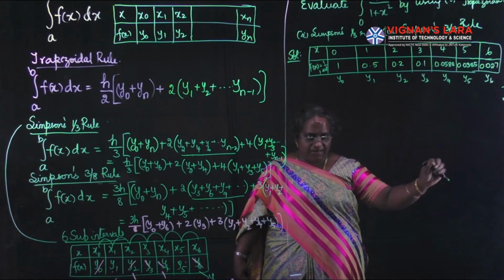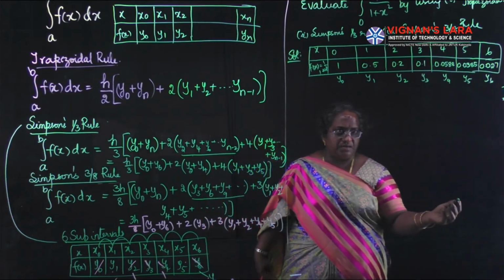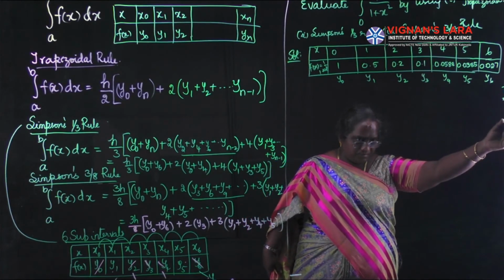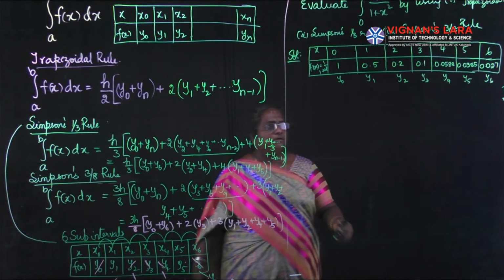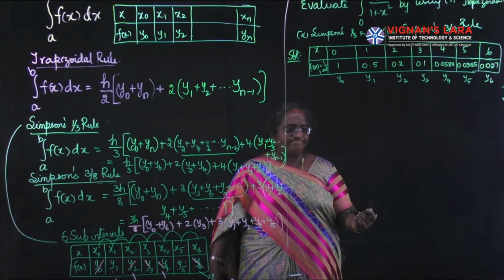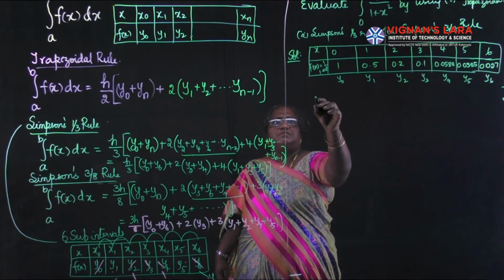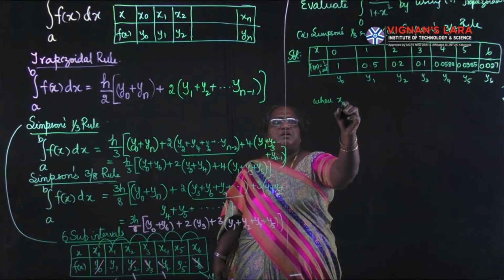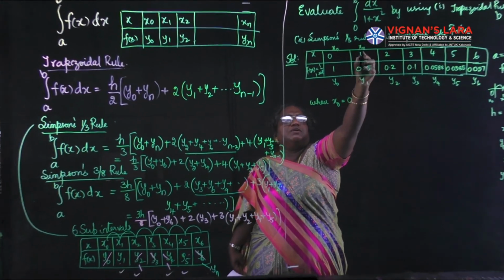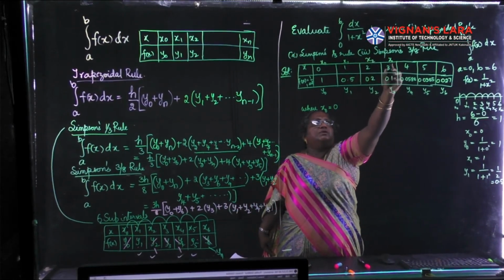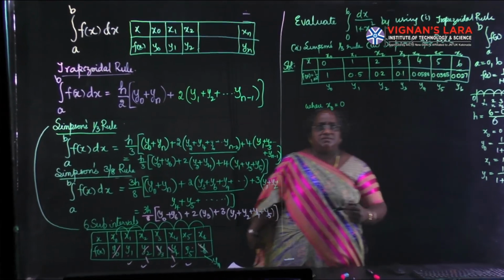So how do we evaluate these values? See the values here. This is x0, this is x1, x2, x3, x4, x5, x6.